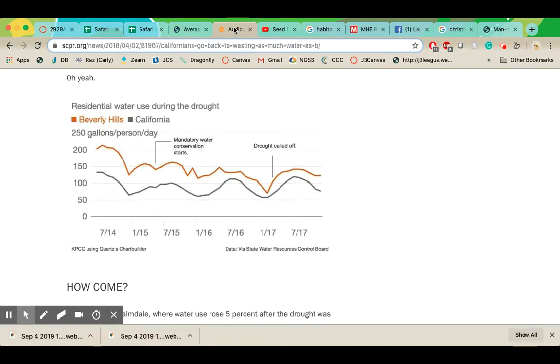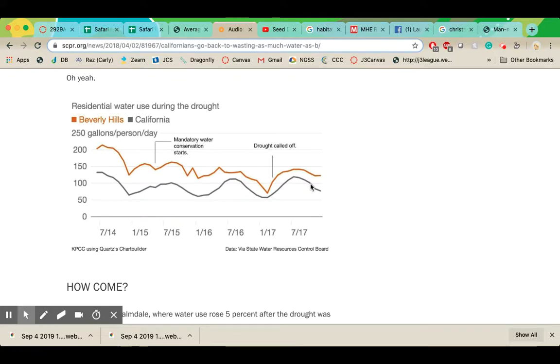If you look at even water usage here, the drought was called off. And as soon as they called off a drought in 2017, we just jumped our water use back up. And then it's kind of come down because they started it again. But interestingly, you can see here in Beverly Hills in the orange, a kind of wealthy, I'm famous type of population is using more than the average Californian.